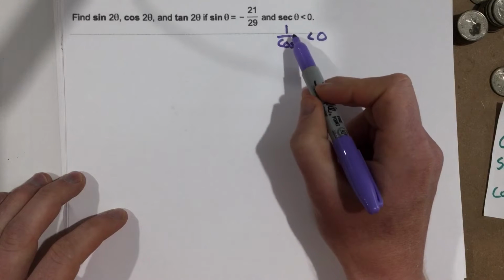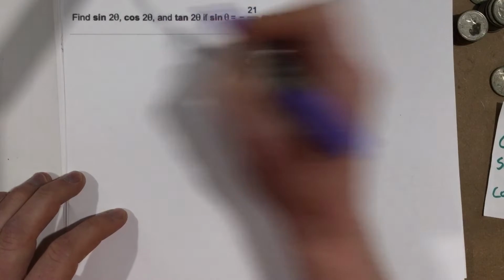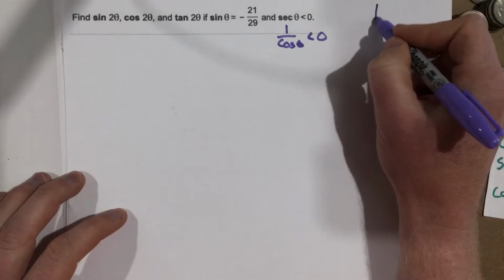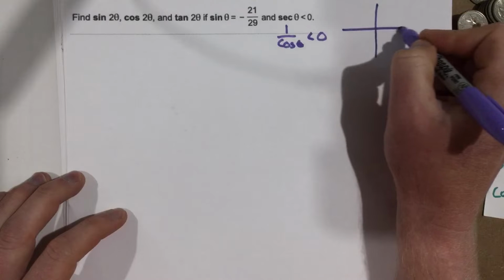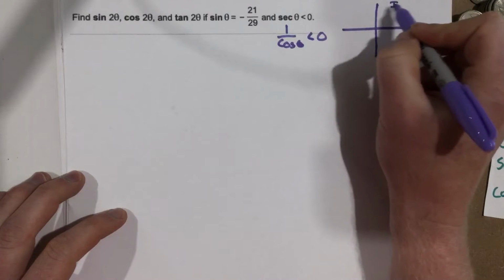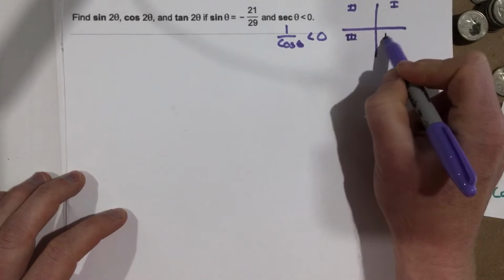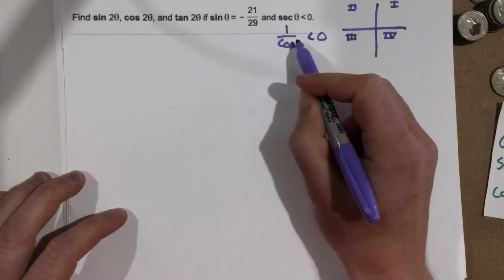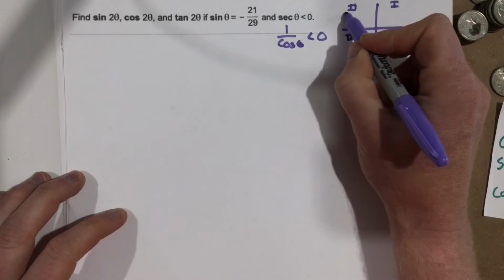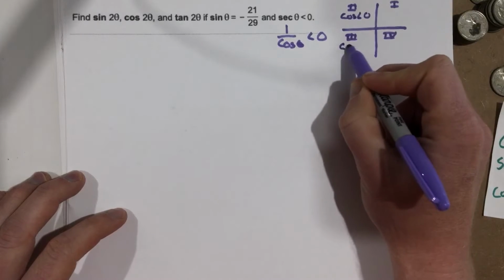So in order for secant theta to be less than 0, cosine's got to be less than 0. So we can start to draw our quadrants, and we can see that quadrant 1, quadrant 2, quadrant 3, quadrant 4, that cosine is less than 0 in quadrant 2 and quadrant 3.